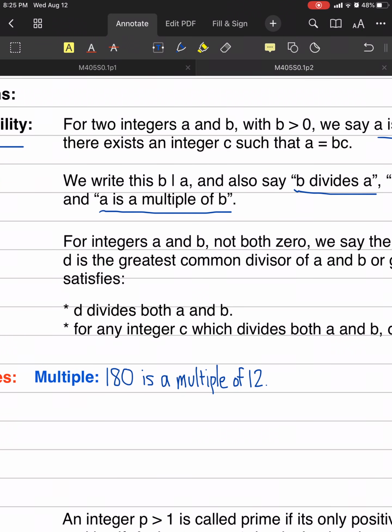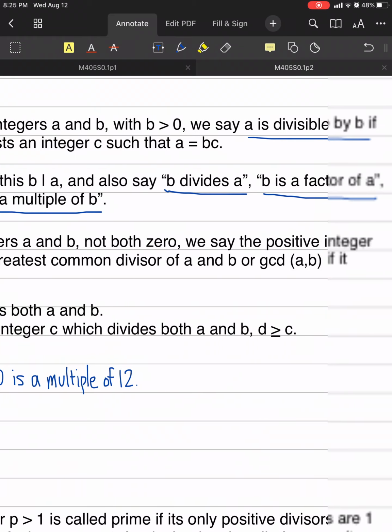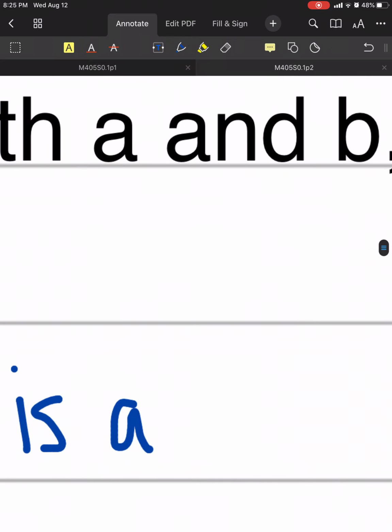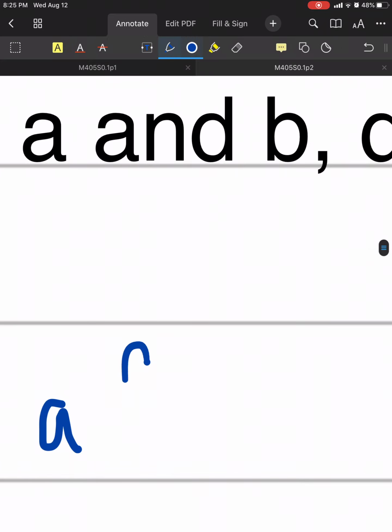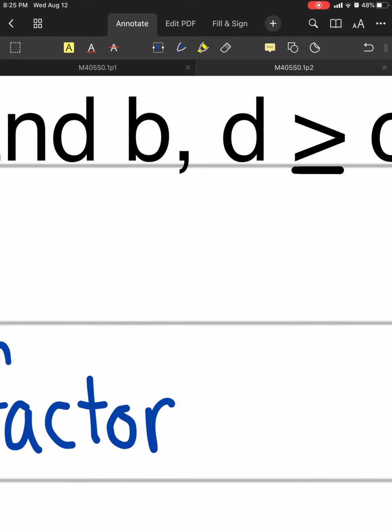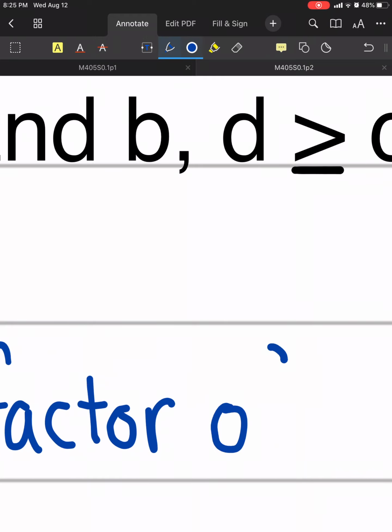So let's take a look at what we mean here by multiple. We can say 180 is a multiple of 12. We could also phrase this as the same thing, 12 is a factor of 180.